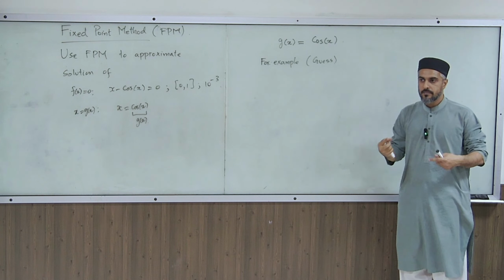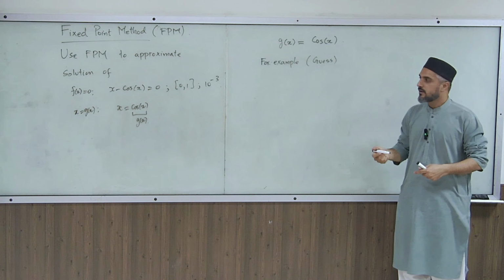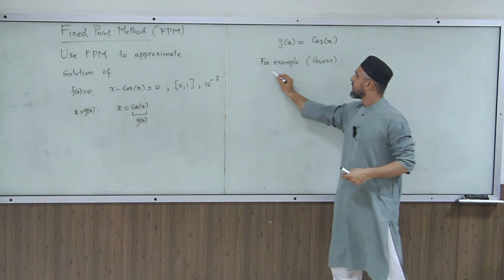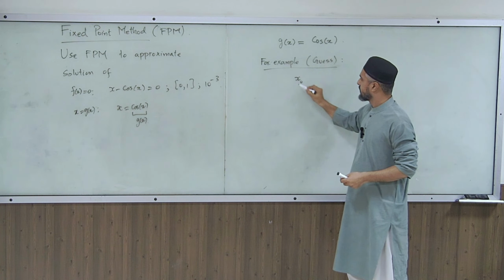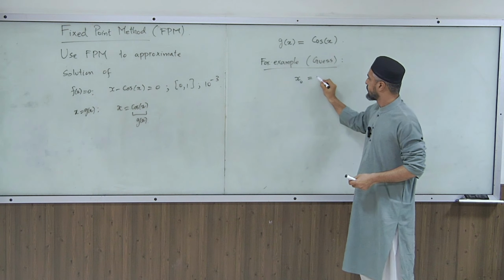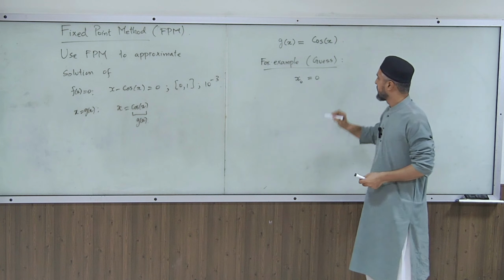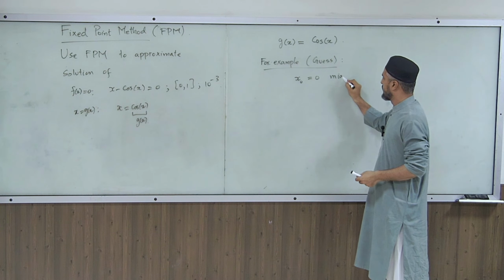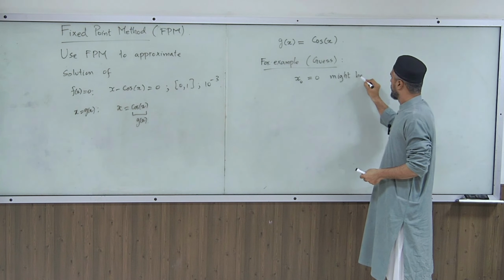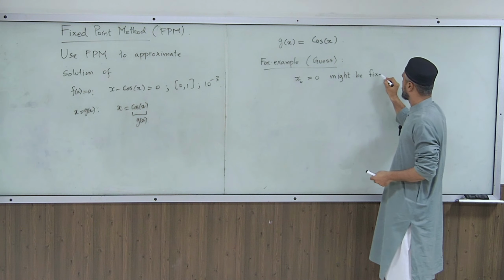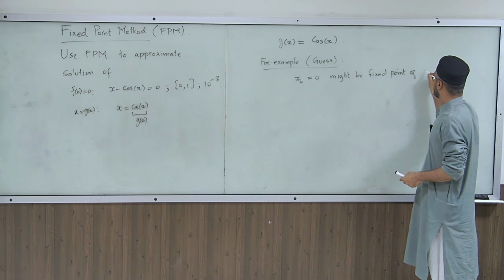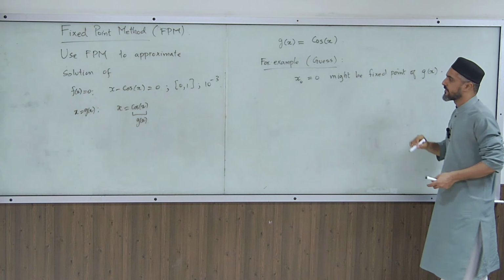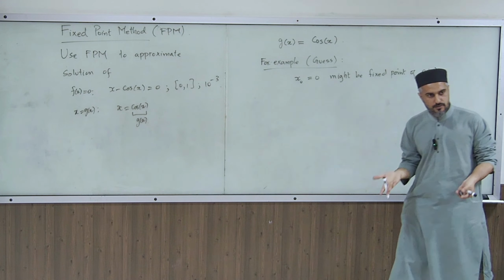I'm guessing that x naught equals 0 might be a fixed point of this g of x, which is cos x.